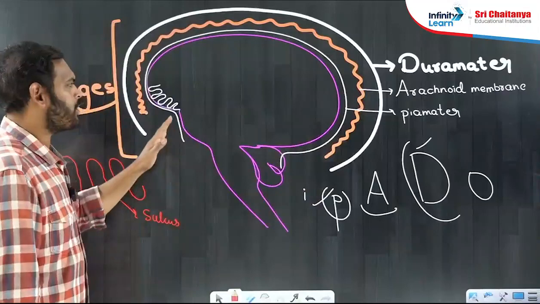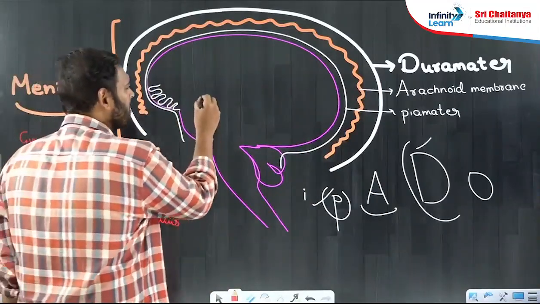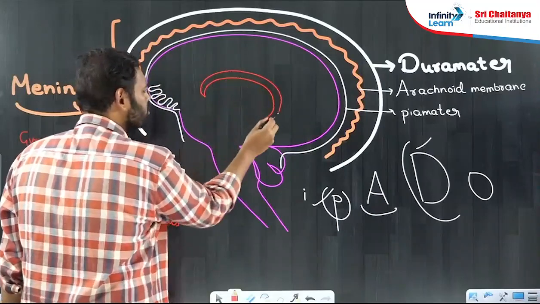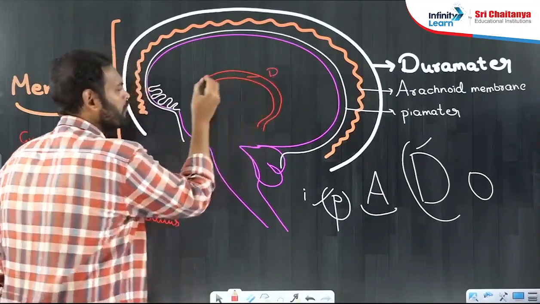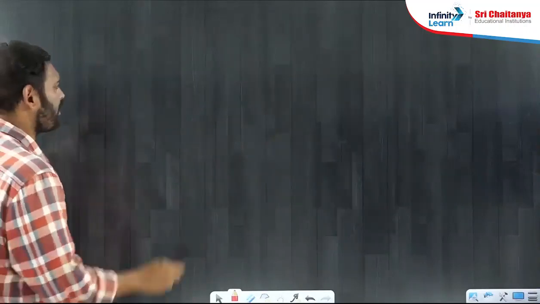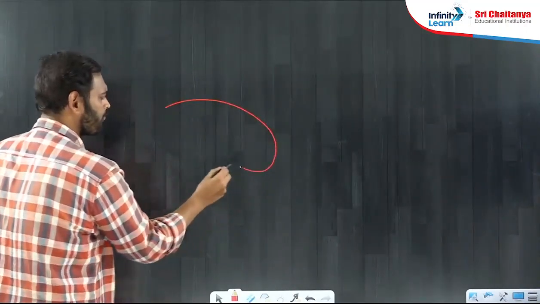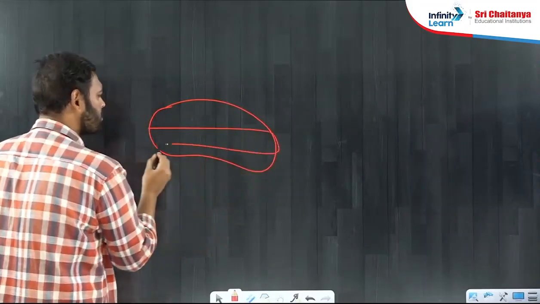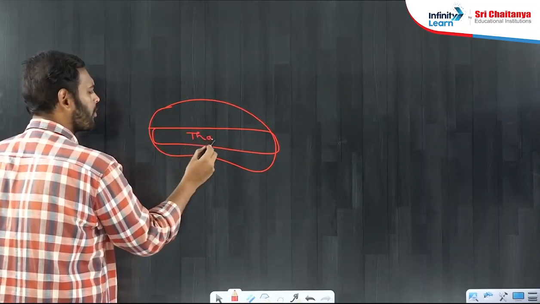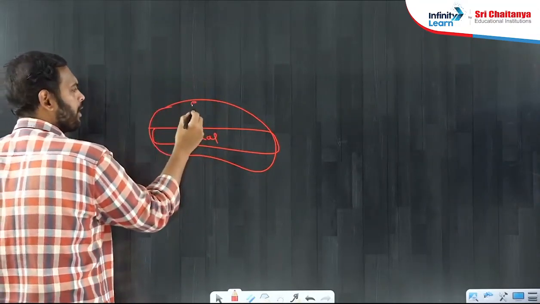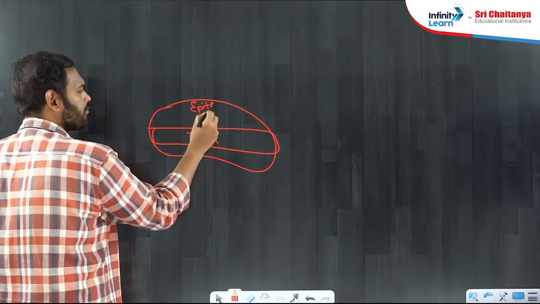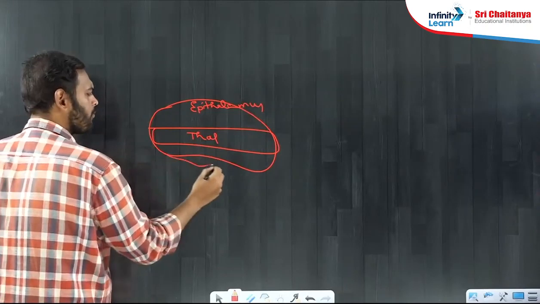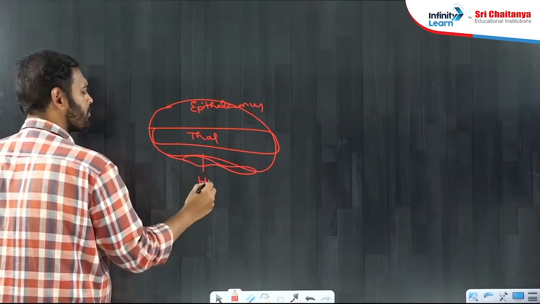Done. And just below the cerebrum we can see the invisible part of the forebrain also. This invisible part of the forebrain is called the diencephalon. Guys, the diencephalon has three parts. The middle part is referred to as the thalamus, above it the epithalamus, and below it the hypothalamus.